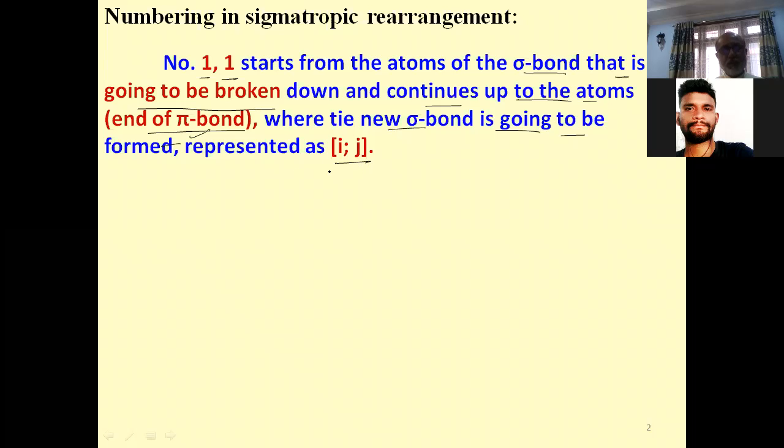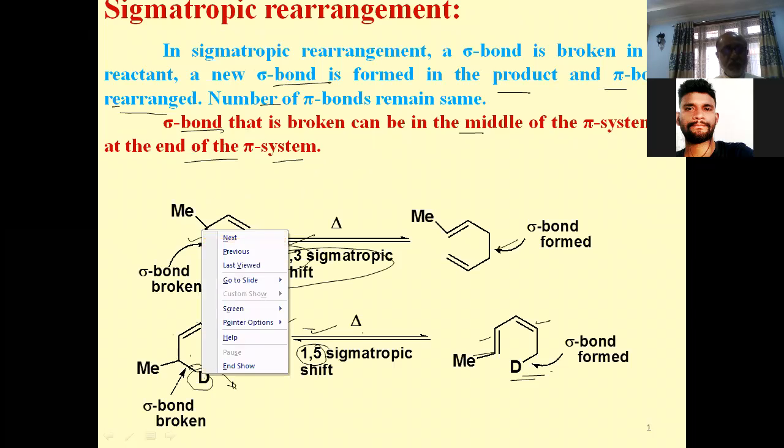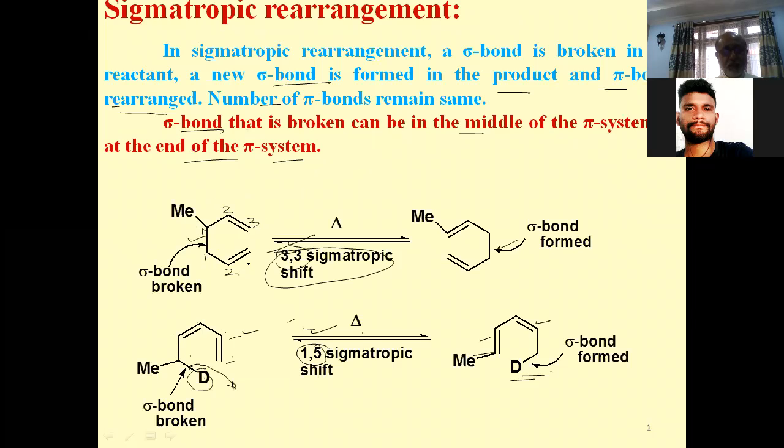How do we number? If I go to the earlier example, this bond is going to be broken, so the numbering will start here. This one and this one will get 1, 1, the one which is going to break. Then continue 1, 2, 3, and this one also 1, 2, 3.